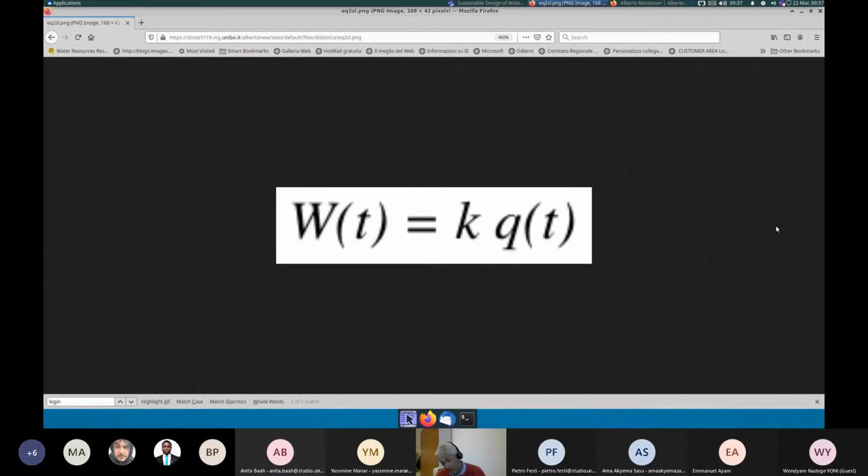So parameter is equivalent to flexibility. And if I can't find any value of this parameter, so if I can't find any flexibility that allows me to well simulate a catchment, what now can I do? I can change the model.